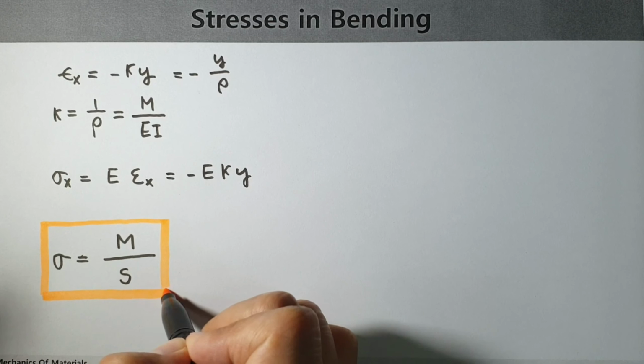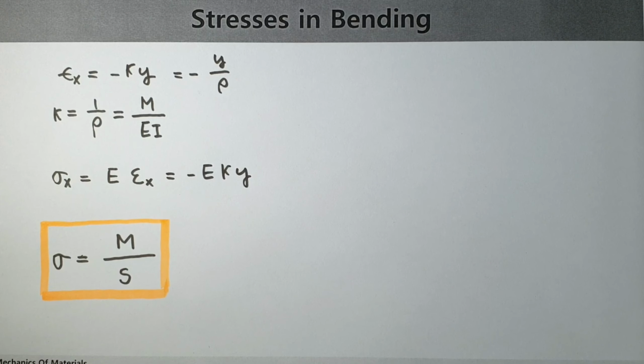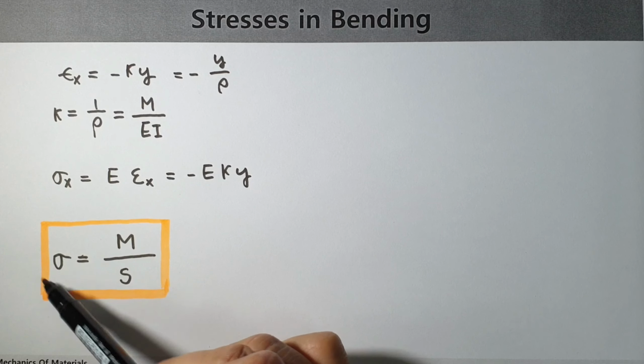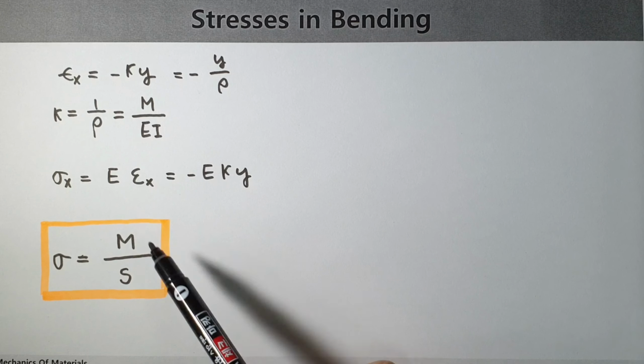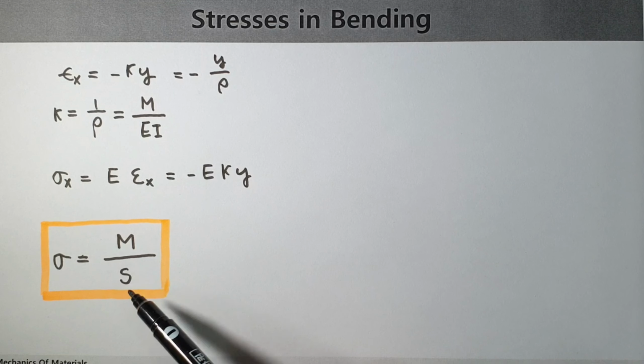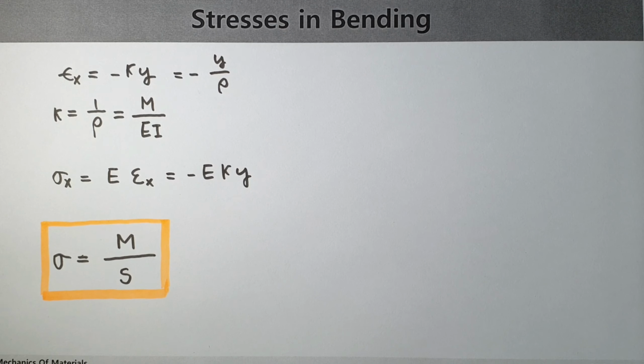When the bending moment is known and section modulus is given, we can calculate the maximum stress inside. Or when the bending moment is known and the allowable maximum stress, then we can calculate section modulus S. Vice versa, we can calculate it.